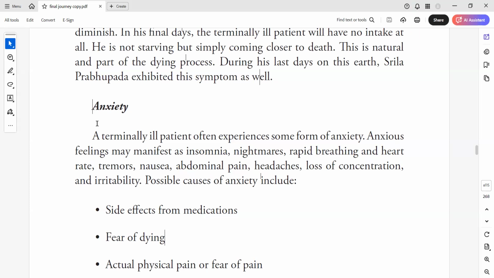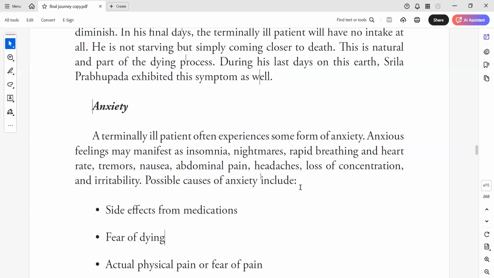So, anxiety. A terminally ill patient often experiences some form of anxiety. Anxious feelings may manifest as insomnia, nightmares, rapid breathing and heart rate, tremors, nausea, abdominal pain, headaches, loss of concentration, and irritability.